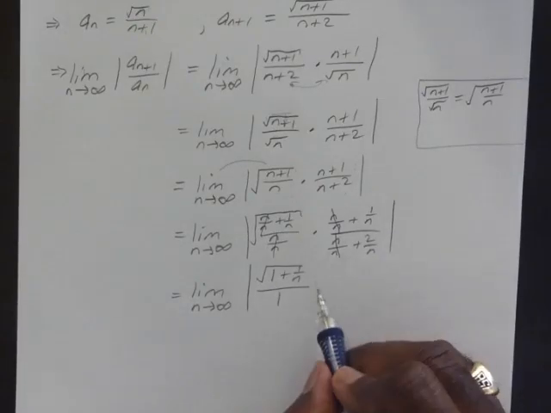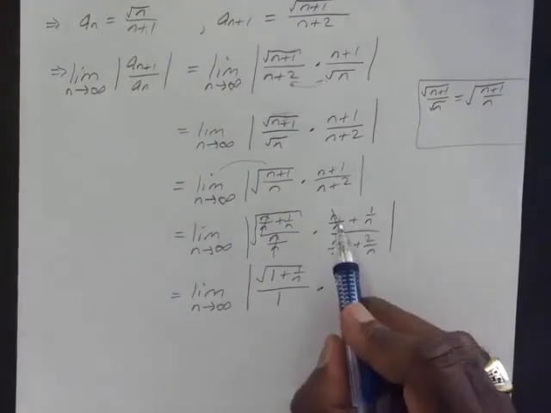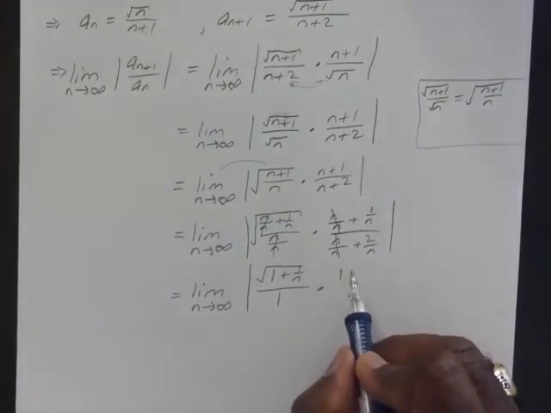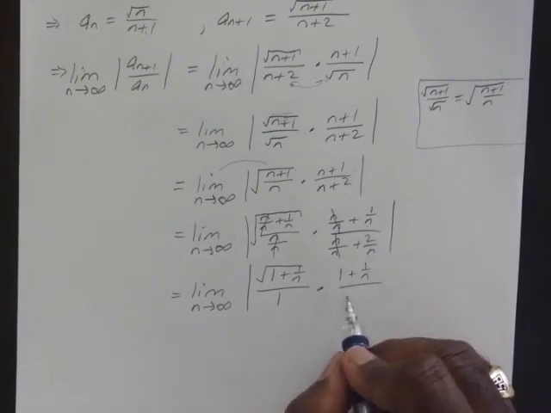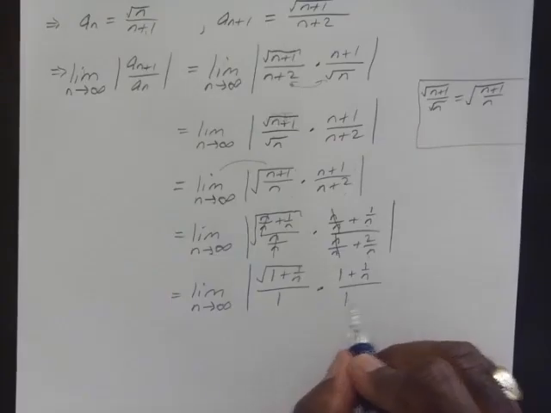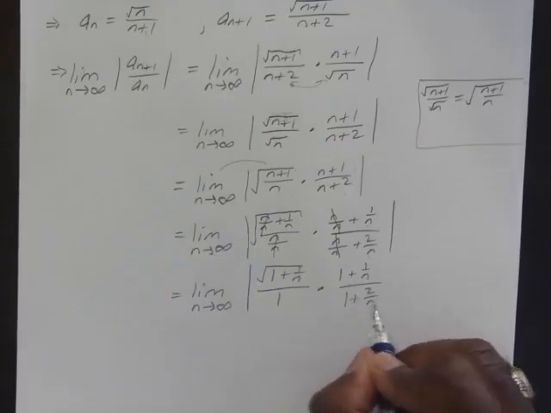Could have left it like that. Times 1 plus 1 over n divided by 1 plus 1 over n, or 1 plus 2 over n in that case.